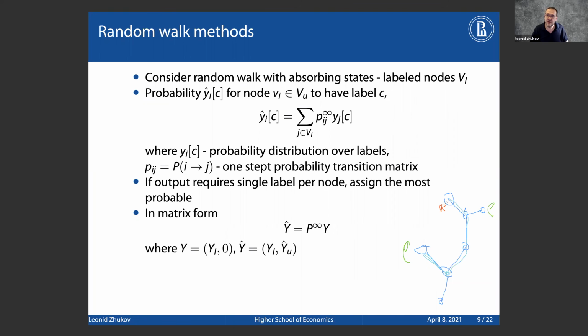This random walk will get absorbed on the red and contribute to the probability of being red. And this random walk will get absorbed on the green and also contribute to the probability of being green. So with this picture, with a high probability, it will get labeled green.